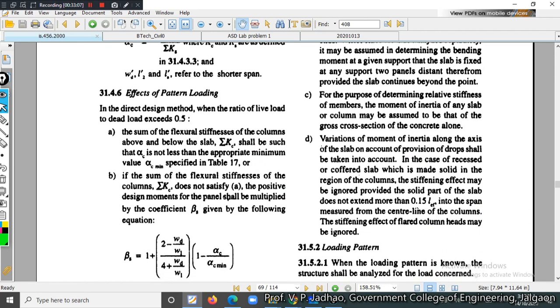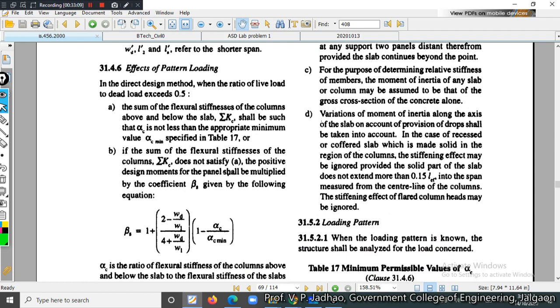Okay, here it is given in clause number 31.4.6. If the ratio of live load to dead load is more than 0.5, what happens?